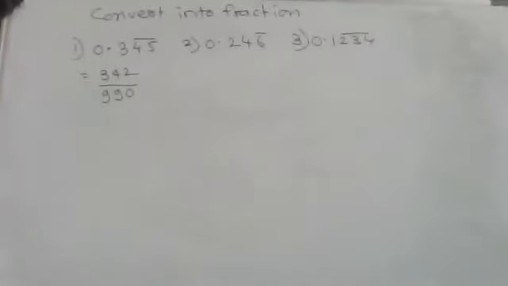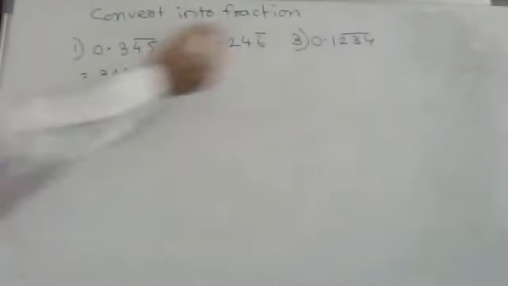If after the point you are getting a number and you are not getting 0, it means you are not calculating correctly. You are not taking the pair of two numbers correctly.